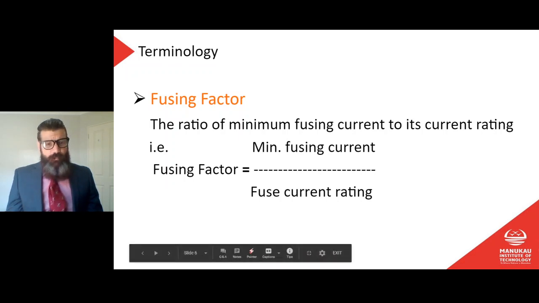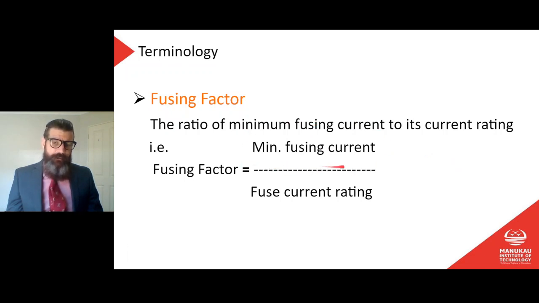What we can say about this, and you need to know this, so remember it, is that the fusing factor is proportional to the minimum fusing current. Because if I increase this number here, then the fusing factor, the answer to this equation, will go up.